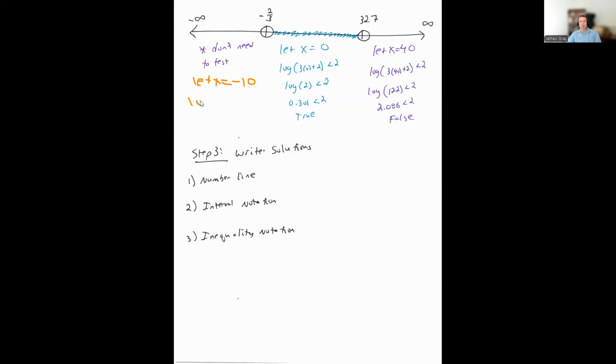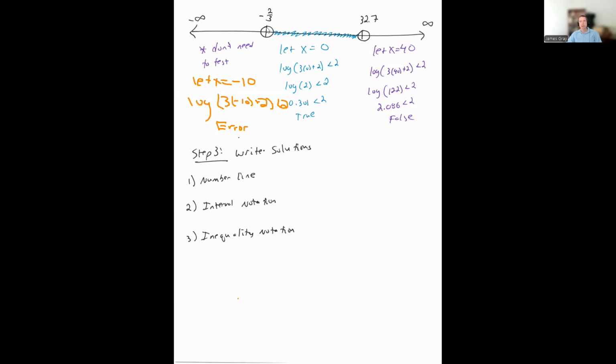Well, then I would get the log of 3 times negative 10 plus 2 is going to be less than 2. And if I did this in my calculator, I would get an error. So it's not terrible. If you don't realize that you don't need to test a point, you can test the point and you'll figure it out.